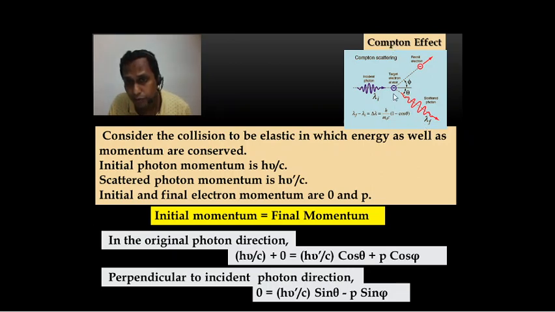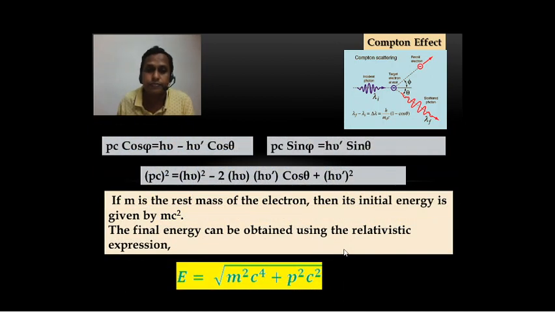Now we are considering the momentum perpendicular to the incident photon direction, so there is a sine theta component. So h nu prime by c sin theta minus p, and the minus sign comes because of the trigonometric relations, sine 90 minus theta, cos 90 minus theta. So in the perpendicular direction we have 0 equal to h nu prime by c sin theta minus p sin phi.